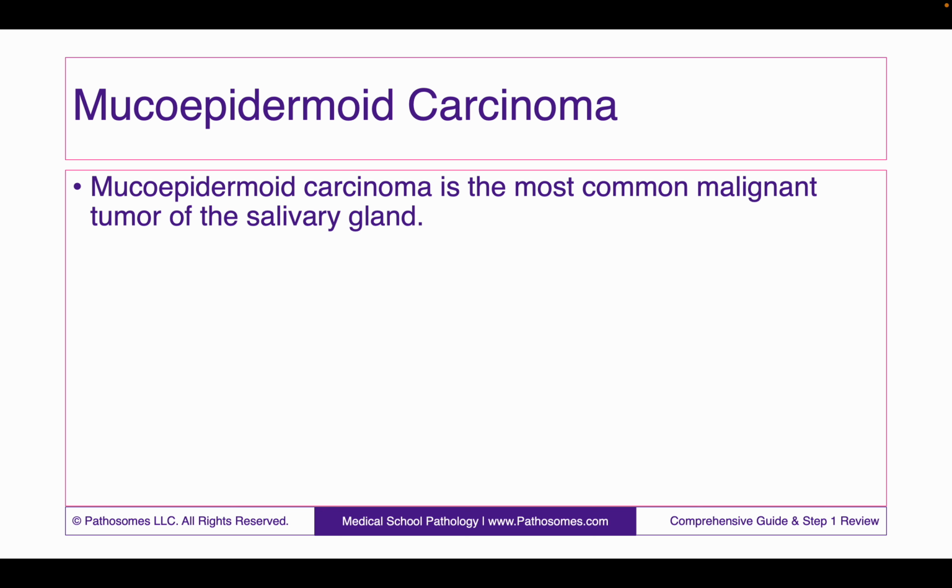Keyword malignant. A lot of questions like to trick you or throw you off, right? The most common is pleomorphic adenoma. The most common malignant tumor of the salivary gland is mucoepidermoid carcinoma. So look out for that term, malignant.